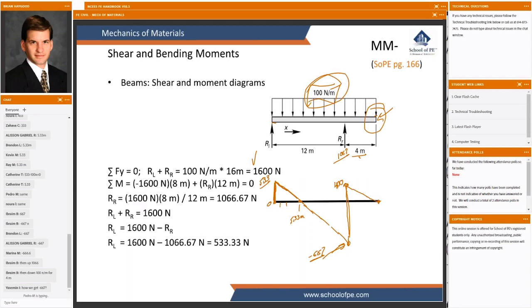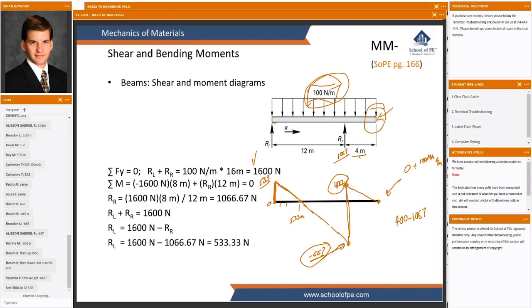How do we get the negative 667? Well, 0 plus 100 newtons per meter times 4 meters gets us to 400. And then 400 minus 1067 gets us to negative 667. That's how you get that value from right to left.